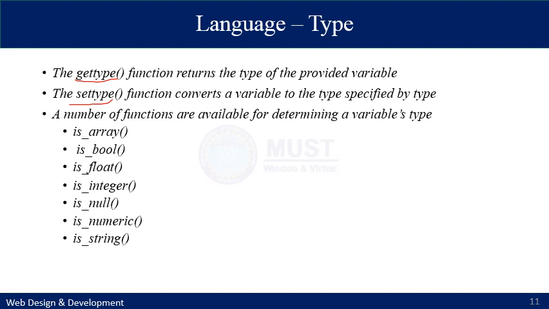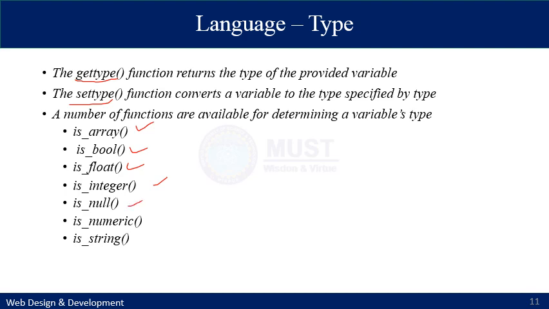Along with that, there are a lot of functions available for determining the variable's type. For example, is_array will determine whether the variable is an array or a single object. is_bool will determine whether it is a true or false value. is_float can be used to determine floating point values, and is_integer is used to determine integer values.